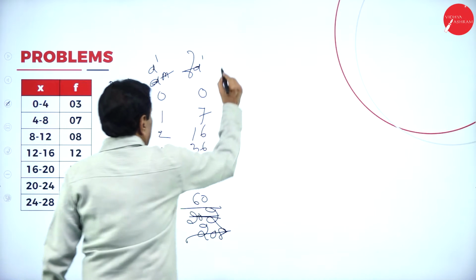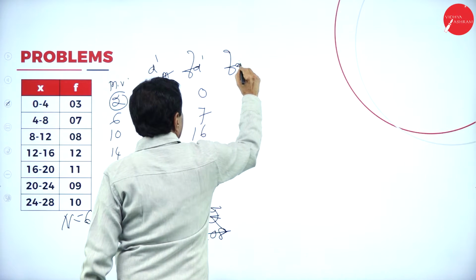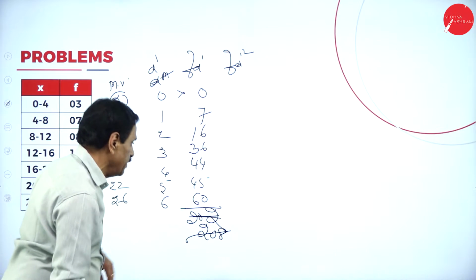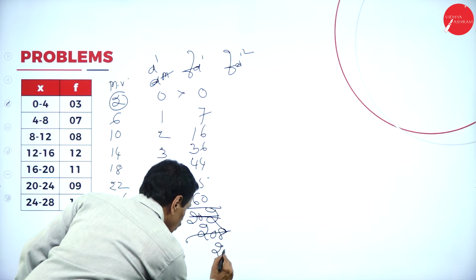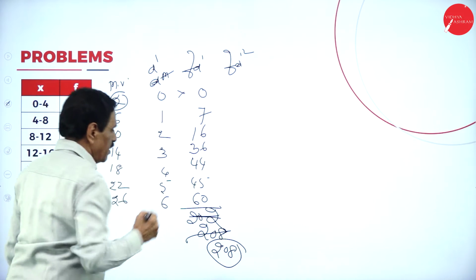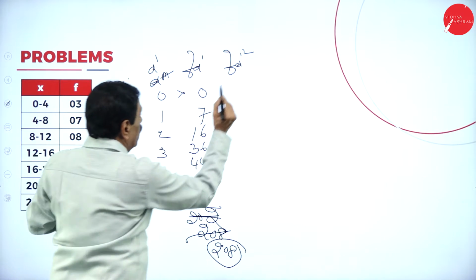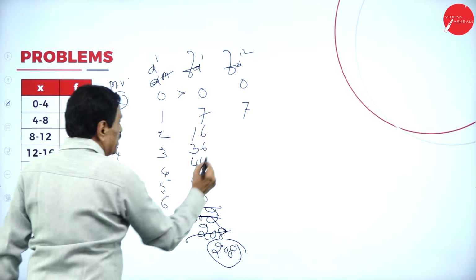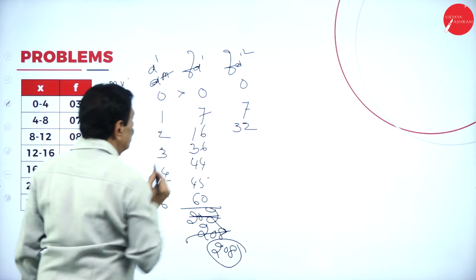Then f d dash square. What is this? The total is 208. What is the next step? 0 into 0, 0. 7 ones are 7. 16 twos are 32.